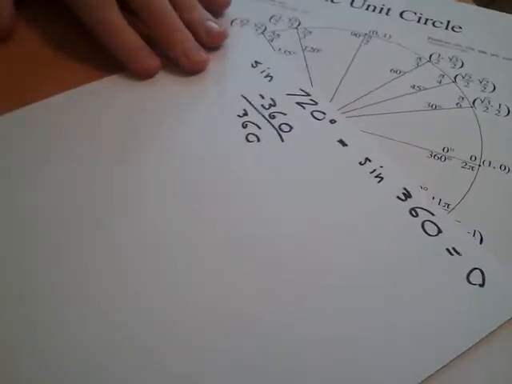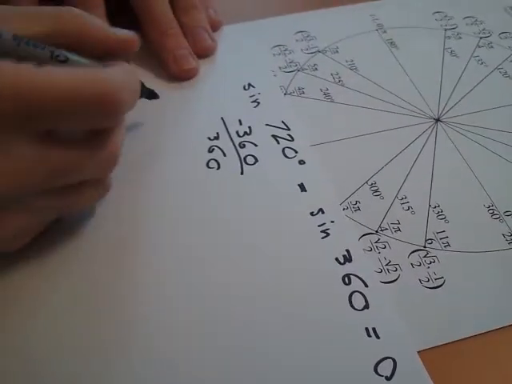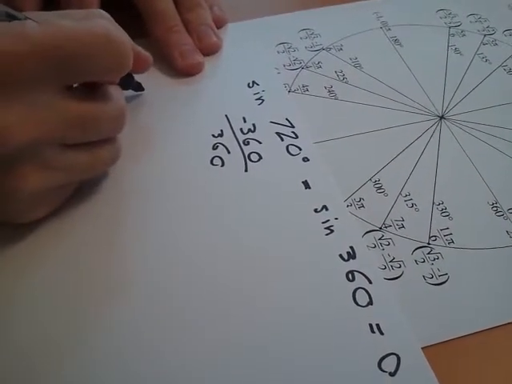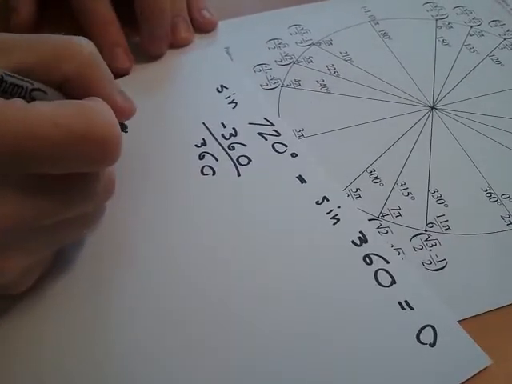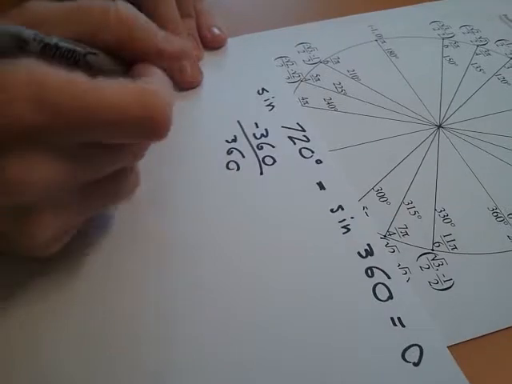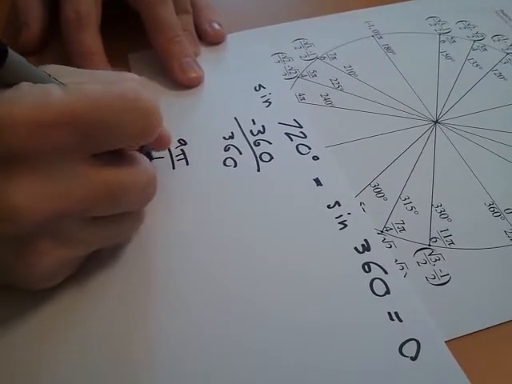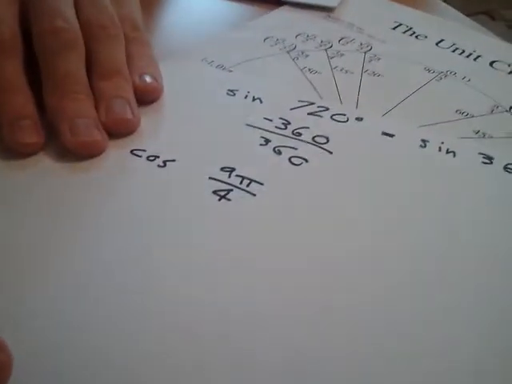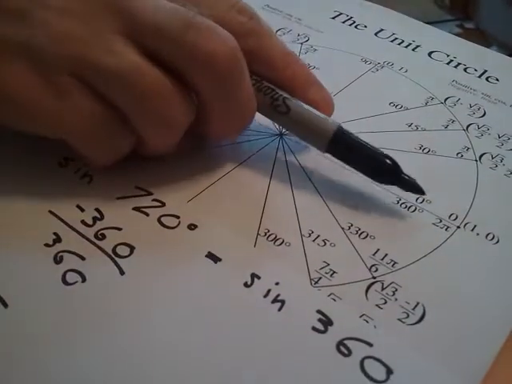Same thing happens with radians, although you might have something a little bit trickier. So let's say we want to do the cosine of, how about 9 pi over 4. Okay. 9 pi over 4, our limit for size is really 2 pi.